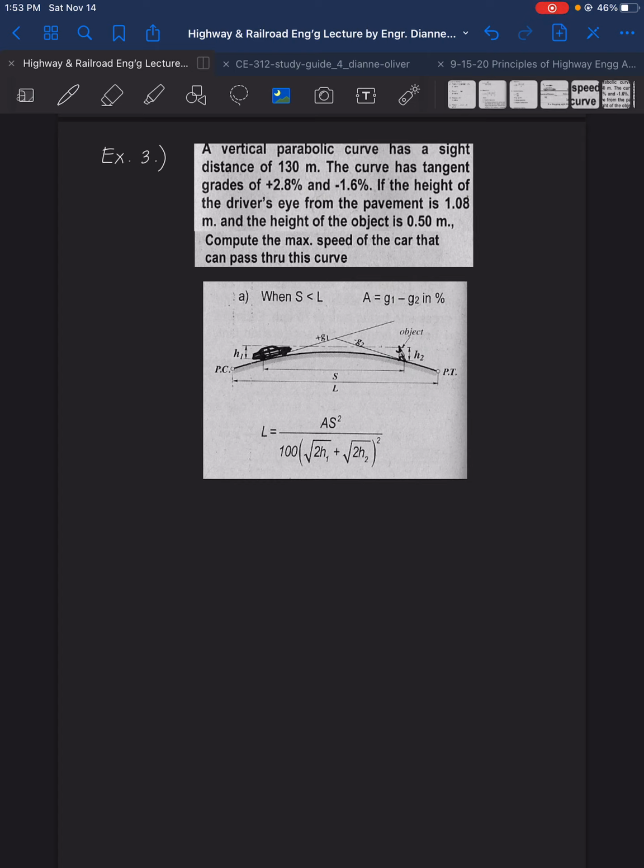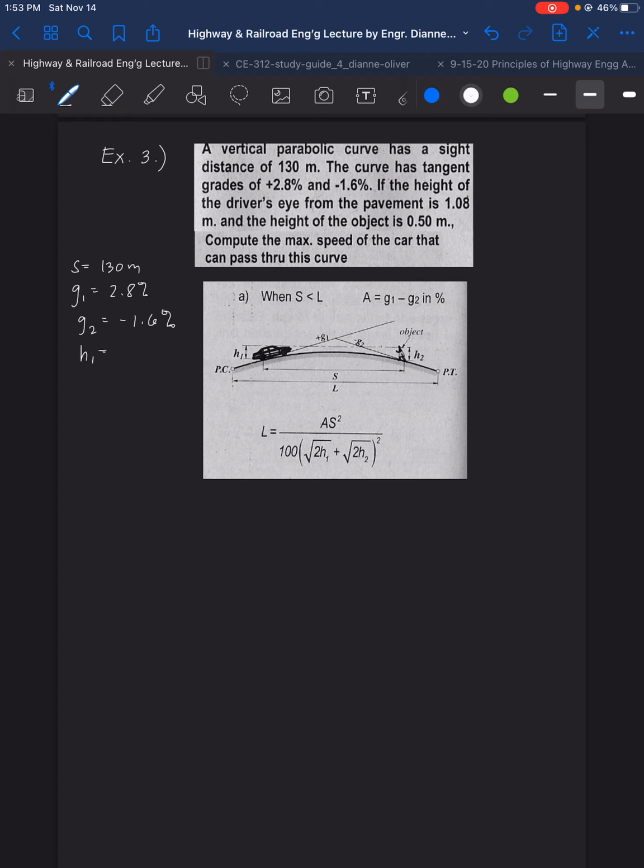Okay, so let's have this assumption once again. So we have there S is lesser than the length of the curve. Now let's write the given. Has a sight distance S of 130 meters, tangent grades of G1 2.8%, G2 negative 1.6%.